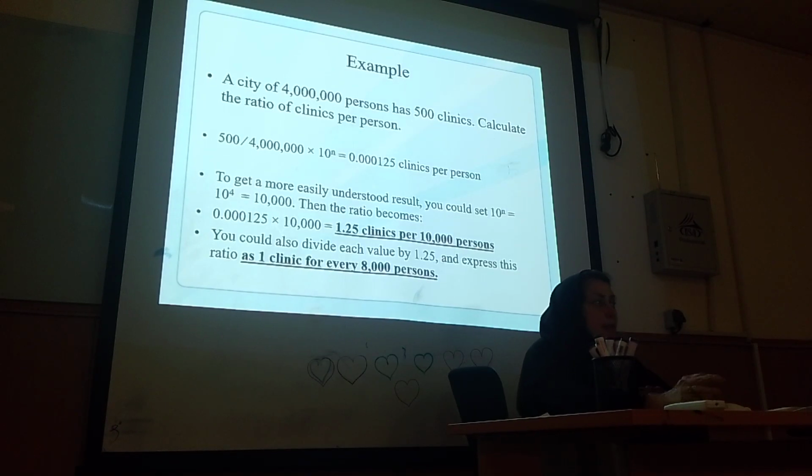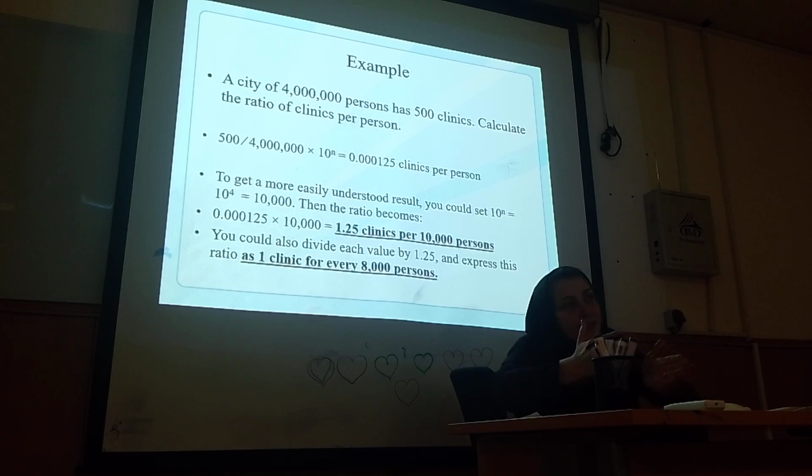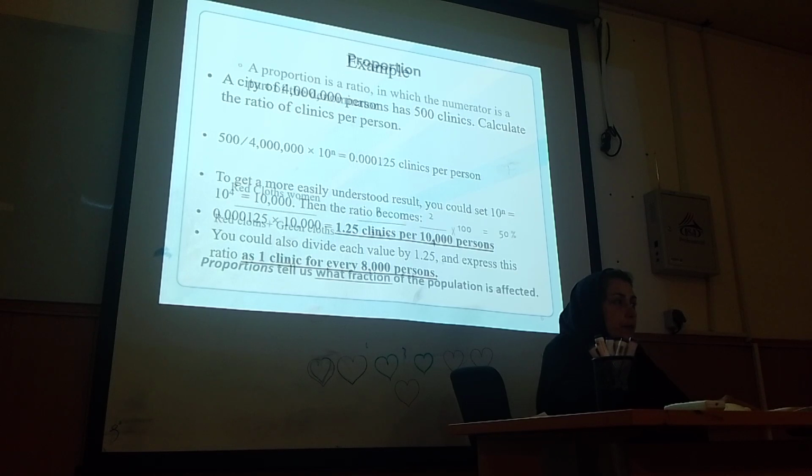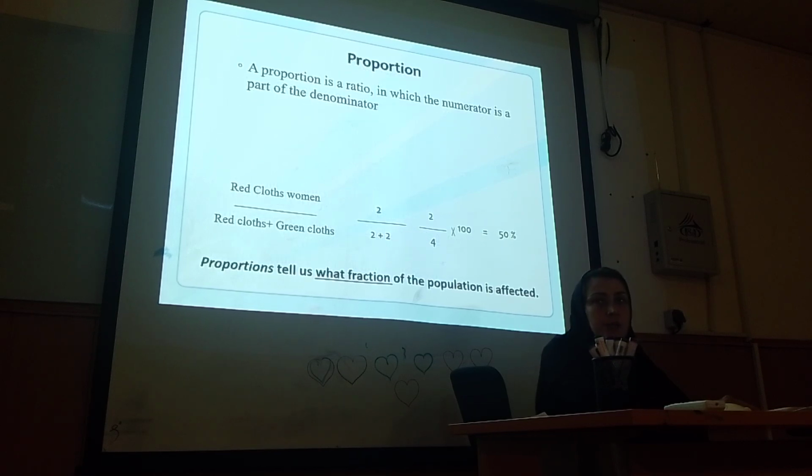It means that for every 8,000 population we have one clinic. So these are the different types of transformation and reporting of the numbers. If you have any questions, please ask.